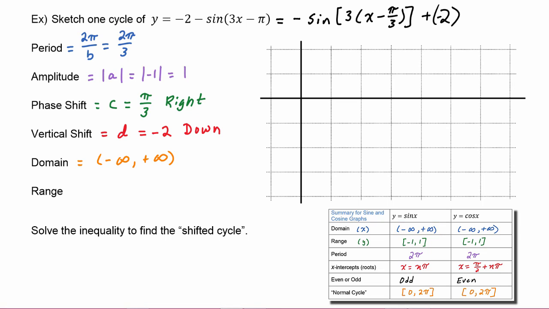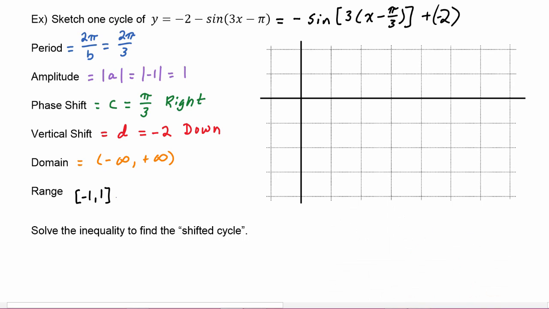And the range, we know that the range of sine starts out -1 to +1. It will be affected by the amplitude, which in this case is 1. So that's not going to change anything. So that's -1 to 1.